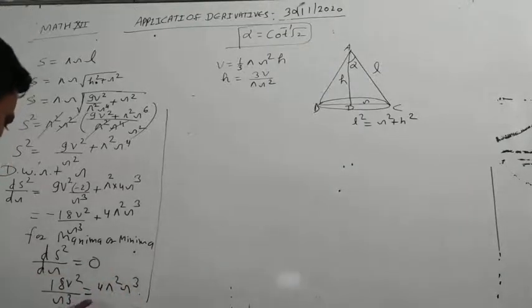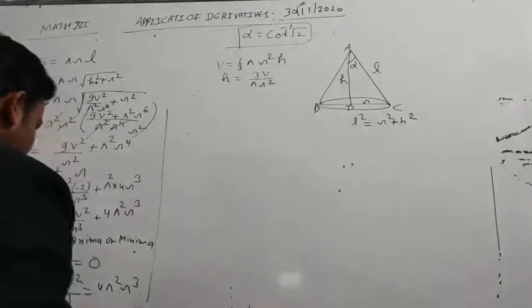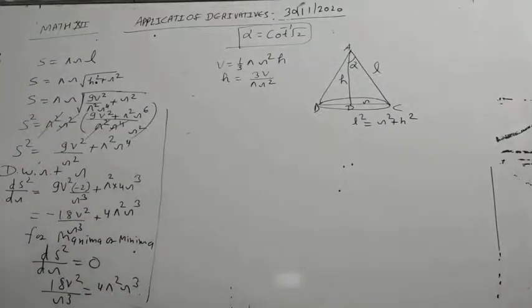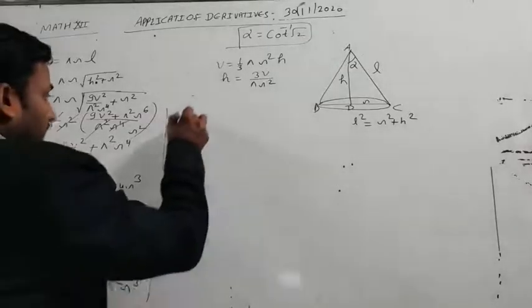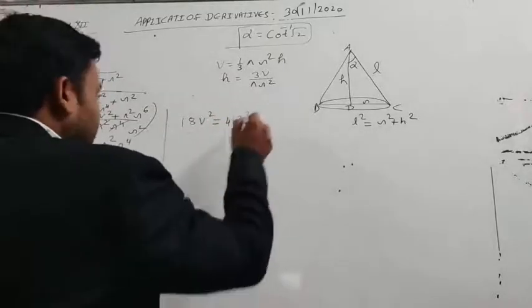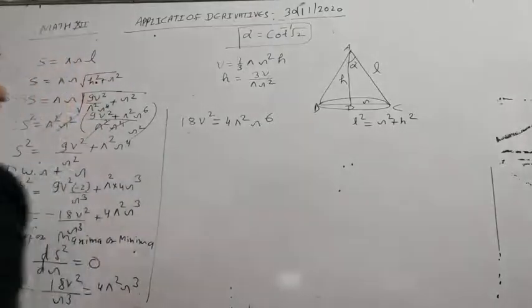Now we send this r cube to the right hand side, and we get 18 V square is equal to 4 pi square r to the power 6.